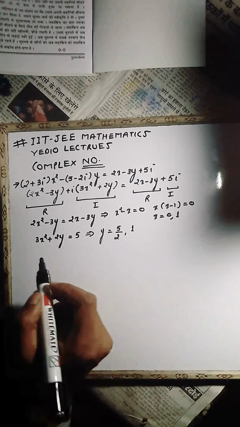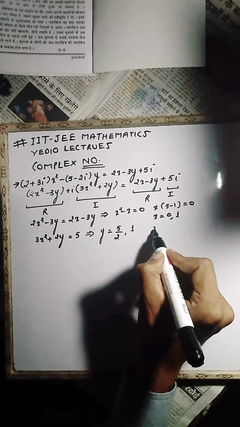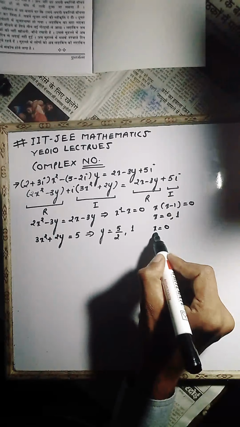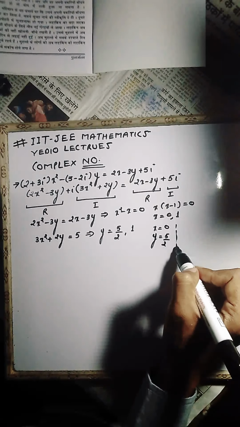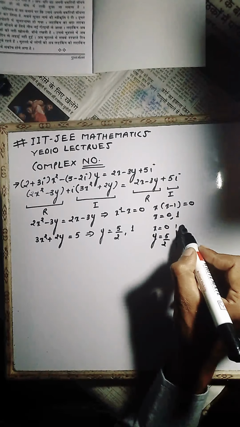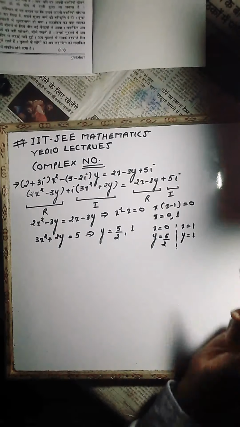So now the solutions for this equation are x equals 0, y equals 5 by 2, and the other one is x equals 1 and y equals 1.